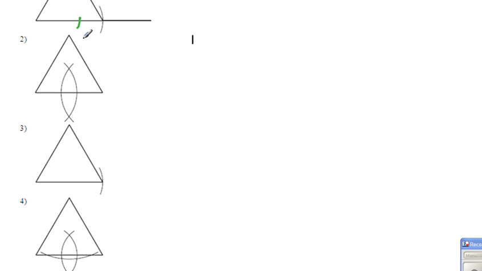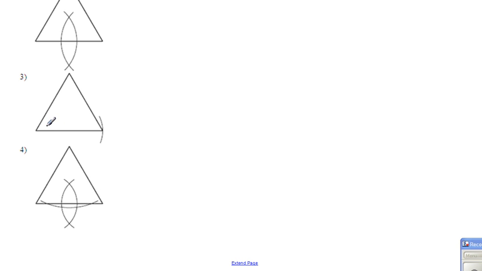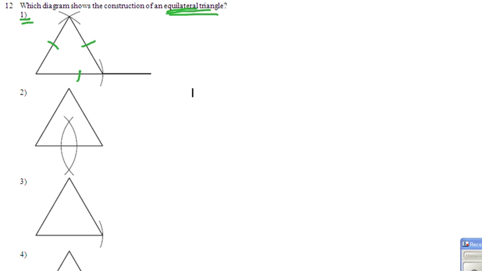It doesn't mean that it's an equilateral triangle. This could possibly be an isosceles triangle. Now this one is simply the measurement of one side. It doesn't tell us much. Here they're trying to simply get the perpendicular line that passes through the middle around here. So therefore our answer will be choice number 1.